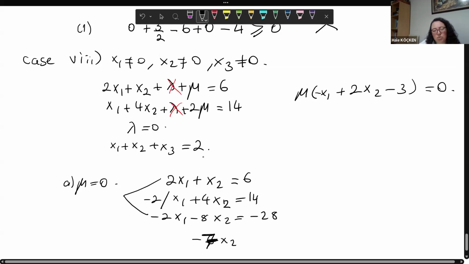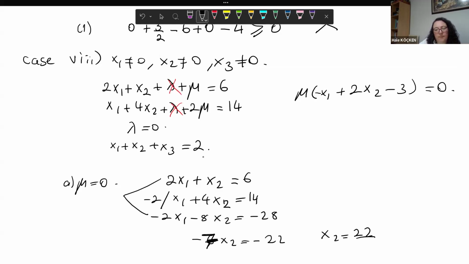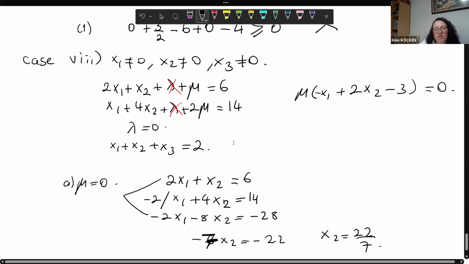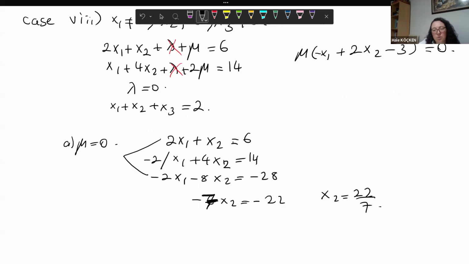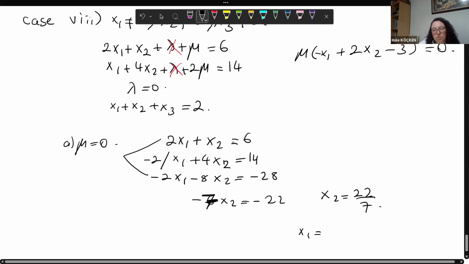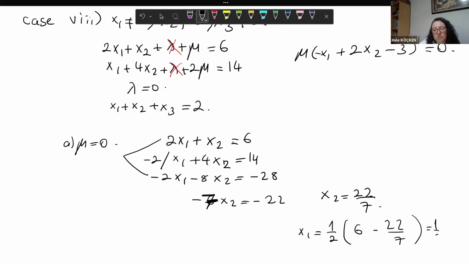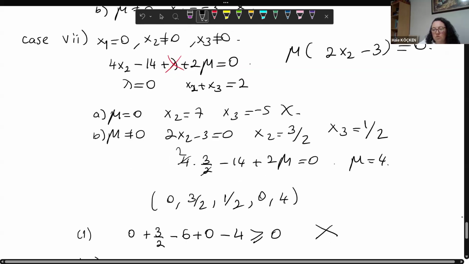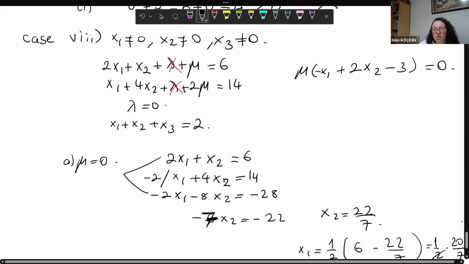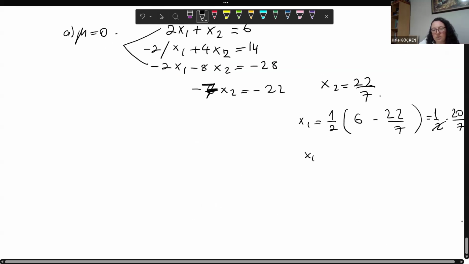Minus 7x2 is equal to minus this. x2 is this. What is x1? x1 is 1 over 2 times 6 minus 22 over 7. It is 1 over 2 times 42 minus 22, 20 over 7. So it is 10 over 7. x1 is 10 over 7.